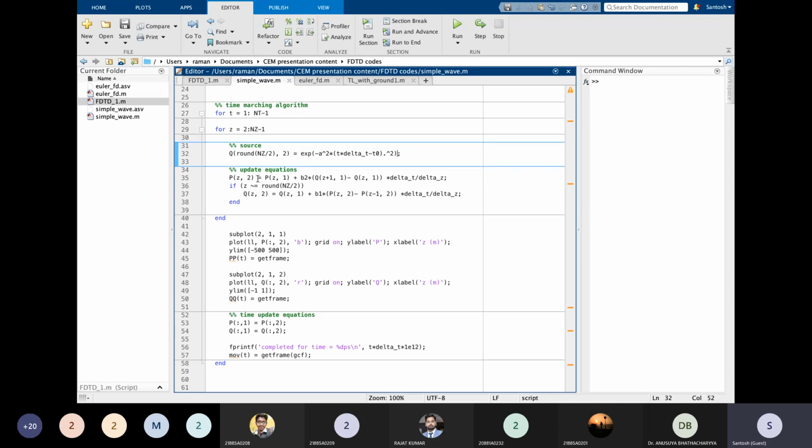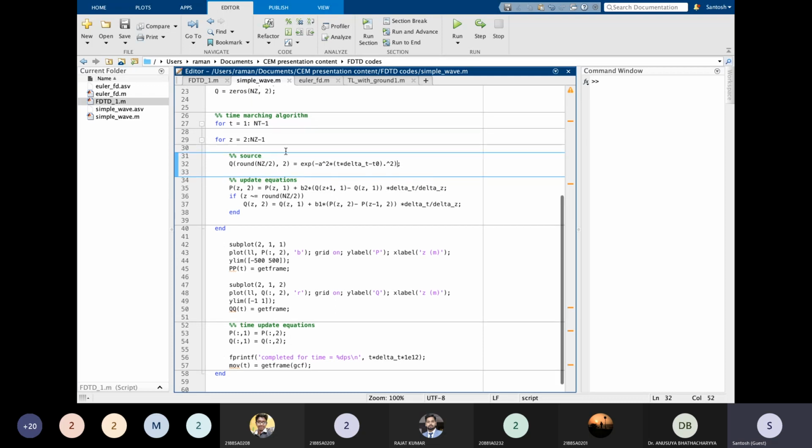And now we go with the update equations. The update equations are very simple. Here the indices 2 and 1 are, 2 is the current time step, and 1 is the previous time step, that is y0, y1, y2, y3, right? So I just use two of them, the current one and the previous one. You don't have to store all of them.